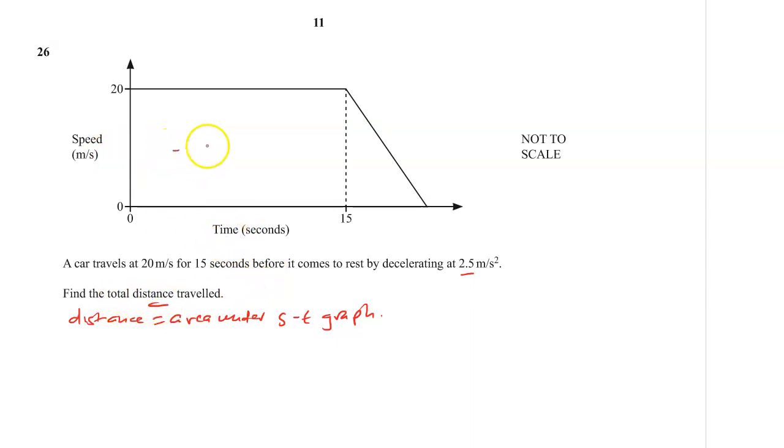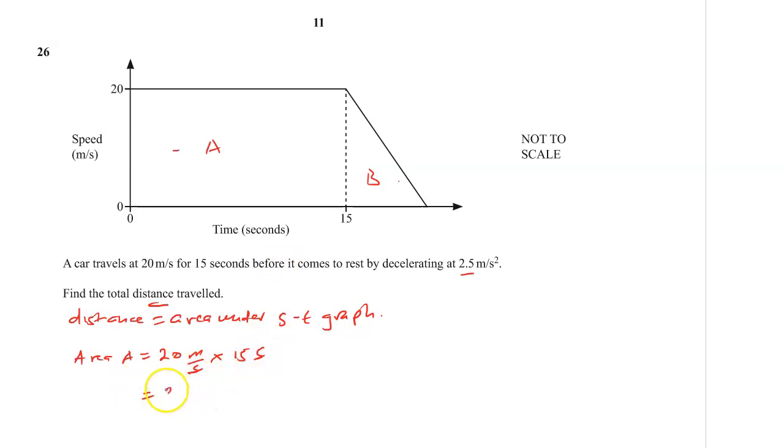So this area here, area A, and the area B. Area A is equal to 20 meters per second times 15 seconds. The seconds will cancel.